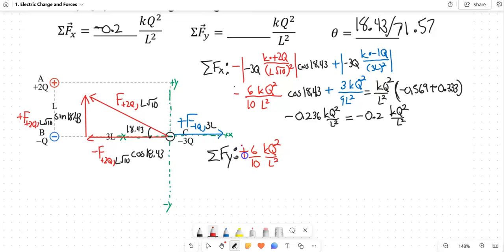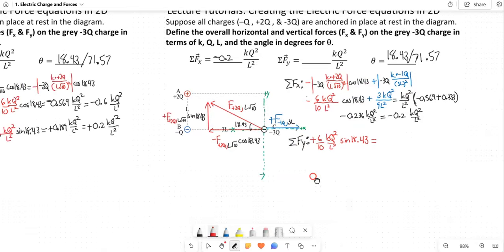But this guy is pointing up, so I just wrote this. That's our hypotenuse. And then we have a sine of 18.43, which we've actually already worked out in the last problem.